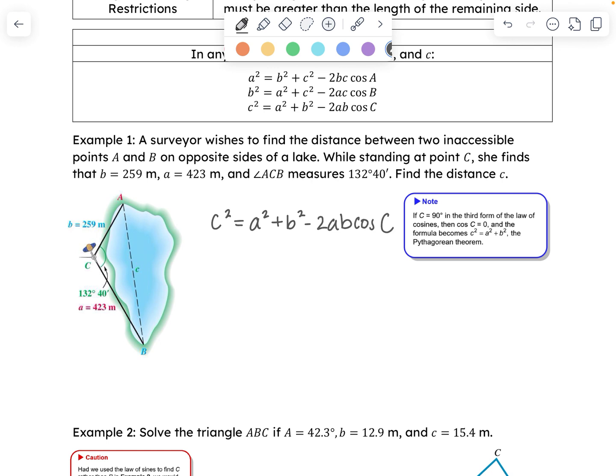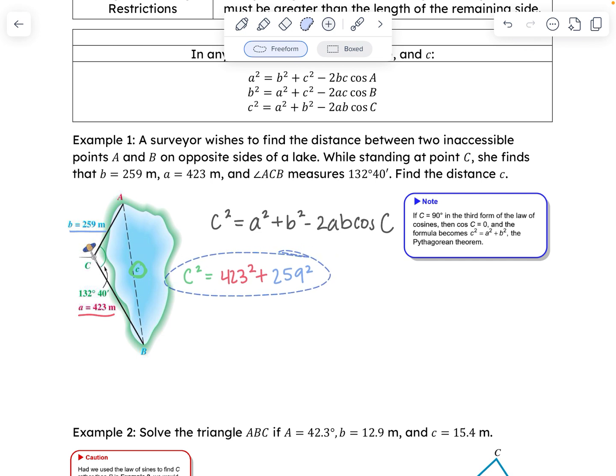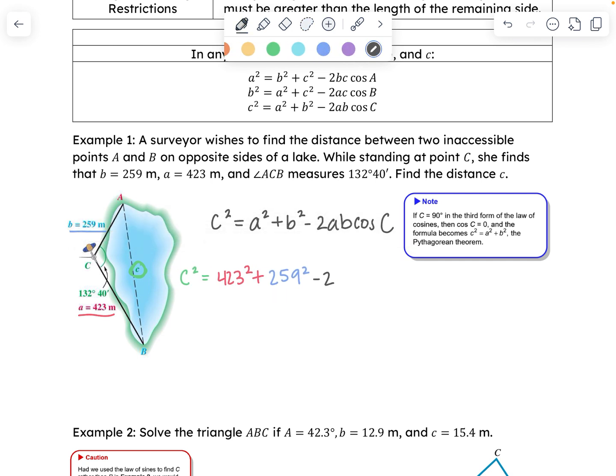And I'm going to start plugging in the different things that I know. So I'm trying to find C, so I'm going to leave that as C squared. I do know that A is 423. So it's going to equal 423 squared plus, I know B is 259, so 259 squared, minus 2 times 423 times the 259.